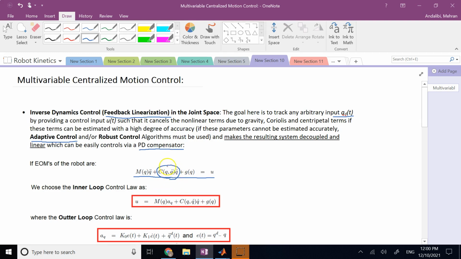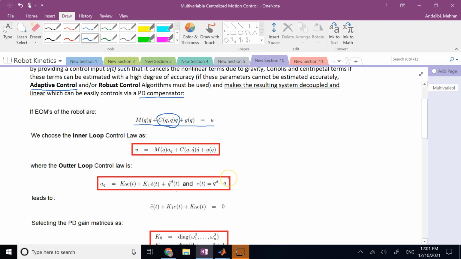Here, as I said, we just assume that C is mainly due to the centripetal and Coriolis accelerations. Again, if there is a viscous damping term, we can easily add it to the C matrix. If there is Coulomb friction, that's a separate story, because we cannot write it in terms of q dot. We have to write it in terms of sign of q dot. So definitely here we are neglecting Coulomb friction.